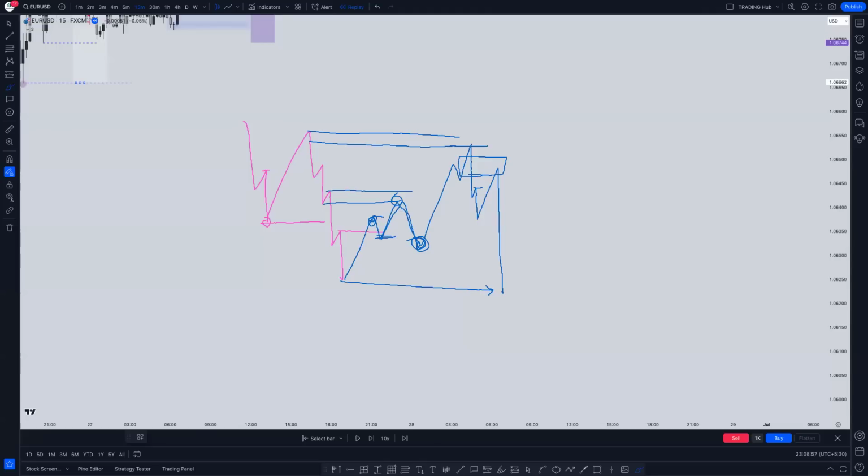Recent M15 IDM, explain why not the upper one. Which one? In this diagram you are asking, or on the chart?